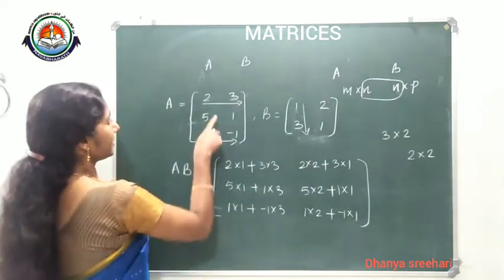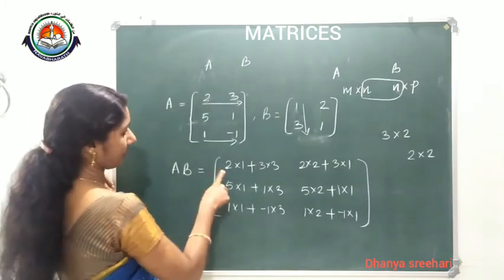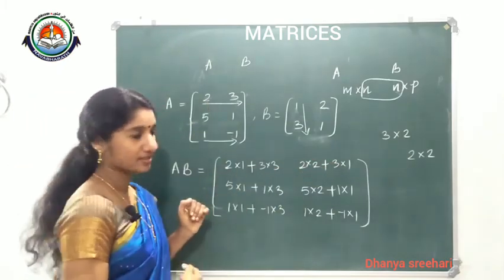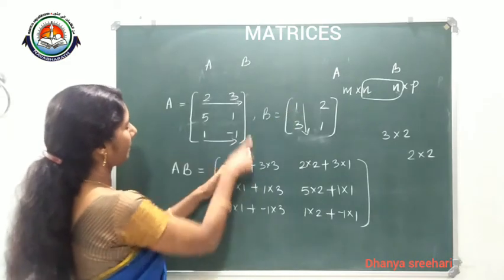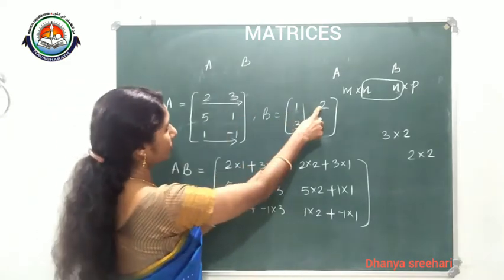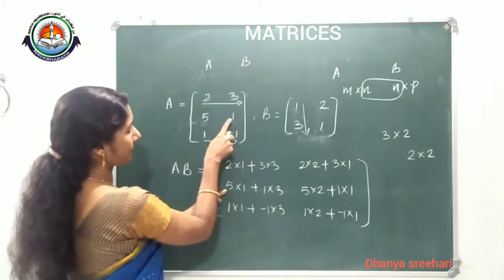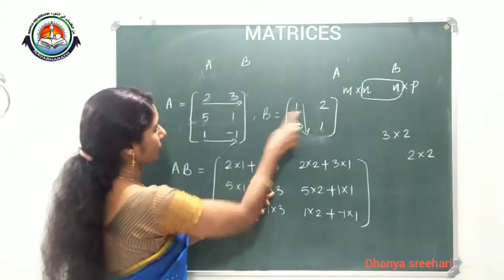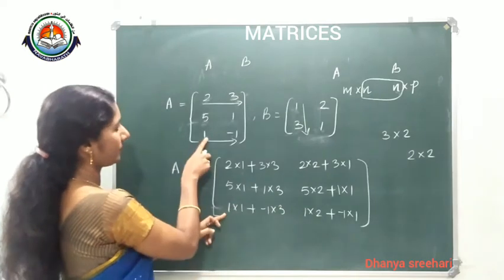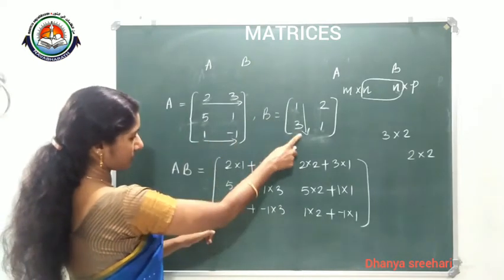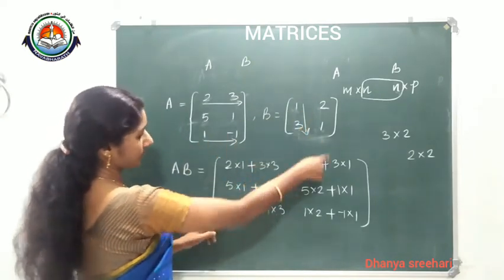Okay. Then I think you got how we are finding the elements. 2 into 1 plus 3 into 3, 2 into 2 plus 3 into 1, and for the second row 5 into 1 plus 1 into 3, 5 into 2 plus 1 into 1, and the third row 1 into 1 plus minus 1 into 3, 1 into 2 plus minus 1 into 1.